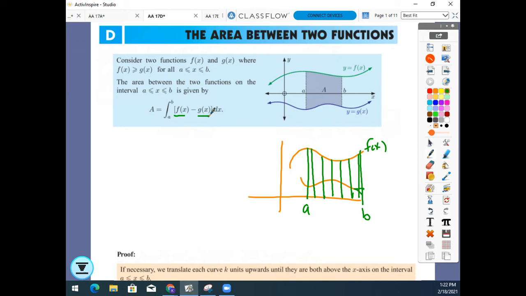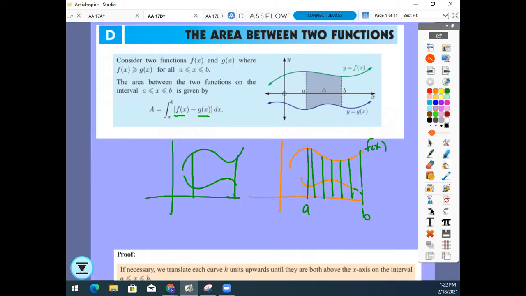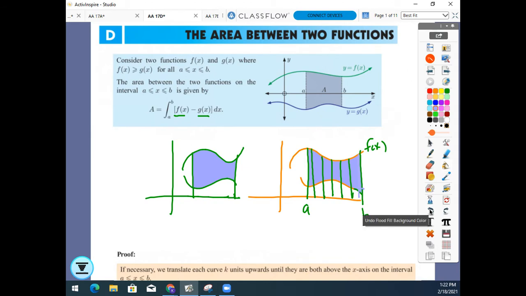Let me see if I can do this again. From A to B, if I just want this area, at first what I get is everything underneath, including this part, right?